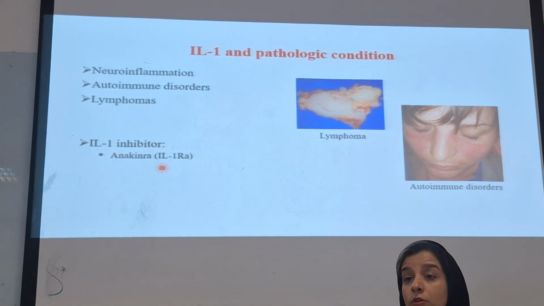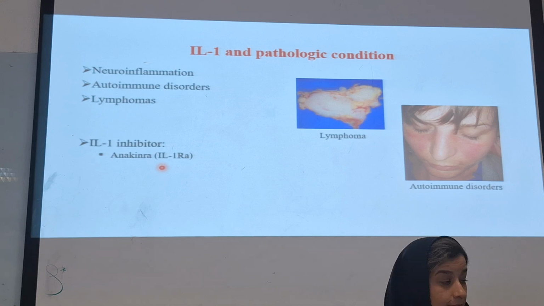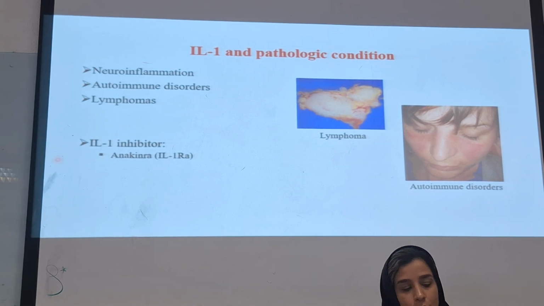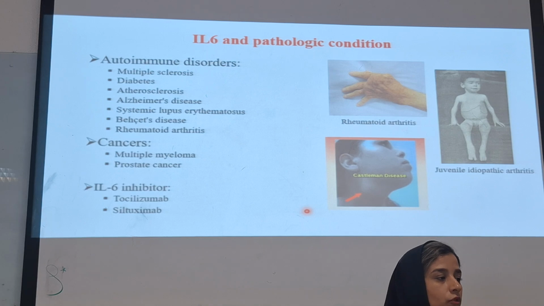Anakinra is a soluble interleukin-1 receptor, like etanercept for TNF, and competes with the interleukin-1 receptor on the surface of target cells, inhibits binding of interleukin-1 to its specific receptor, and inhibits interleukin-1 function.